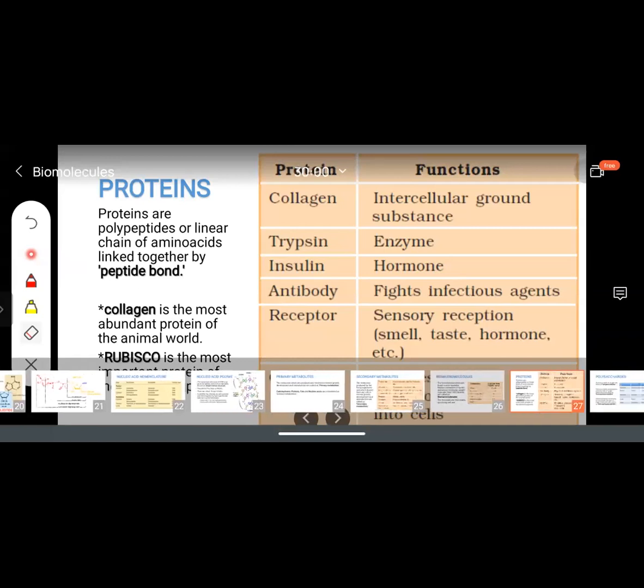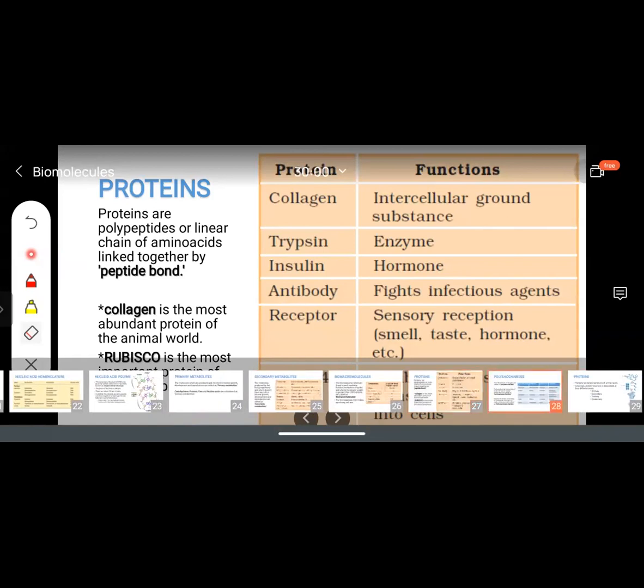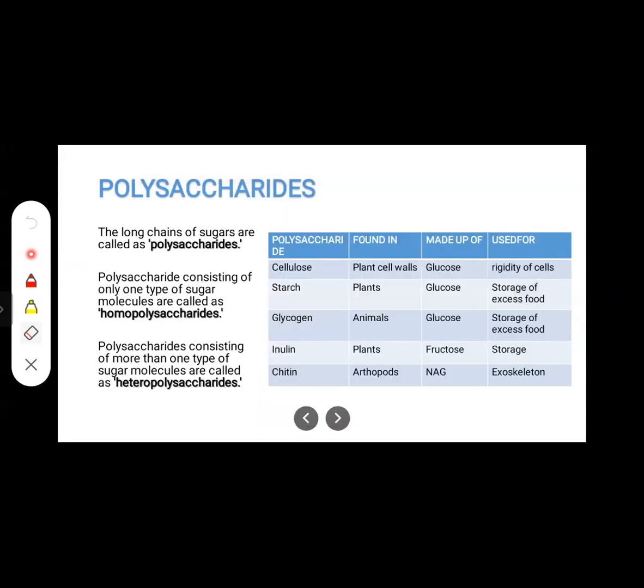Okay. So moving on to another thing, that is polysaccharides. What are polysaccharides? We have discussed the pentose sugar. What is pentose sugar? The sugar having 5 carbon molecules is called pentose sugar. Is it clear?